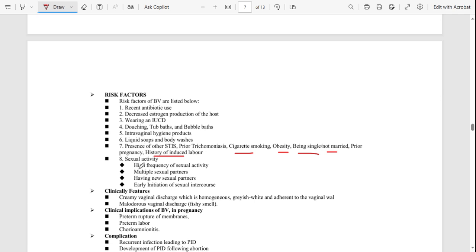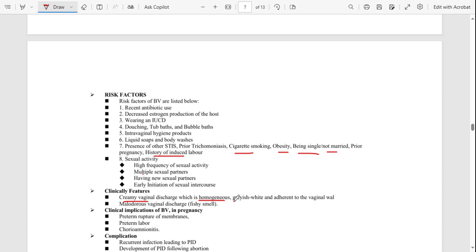Then sexual activity: high frequency, multiple sexual partners, new sexual partners, early initiation of sexual intercourse. For the clinical features, you are going to see a creamy vaginal discharge, and what's important is that it is homogeneous, the same throughout.